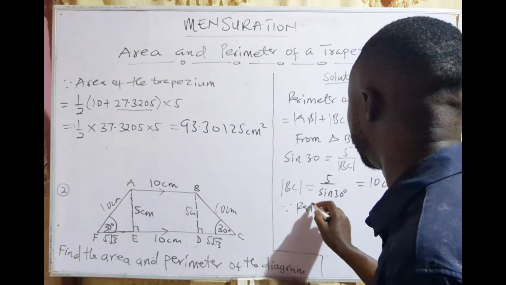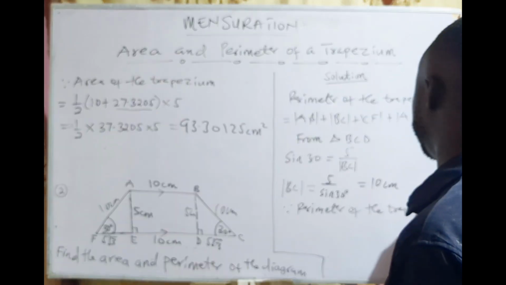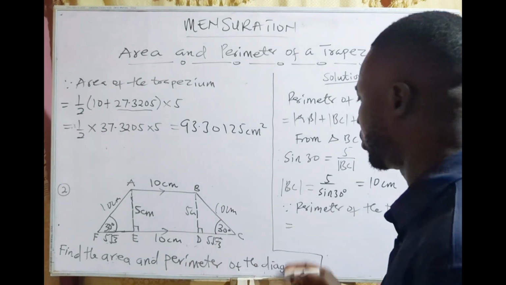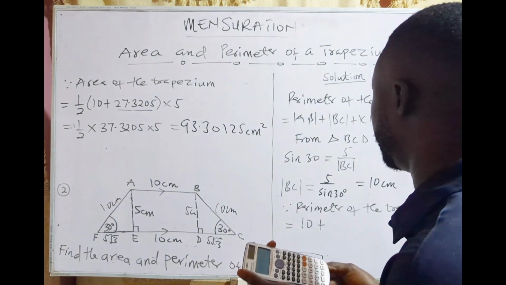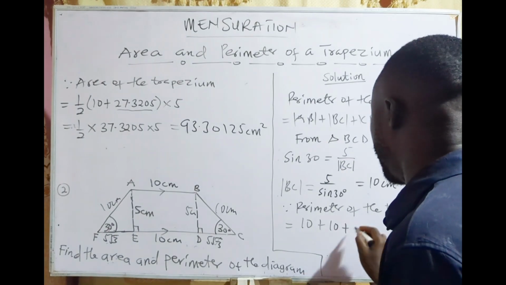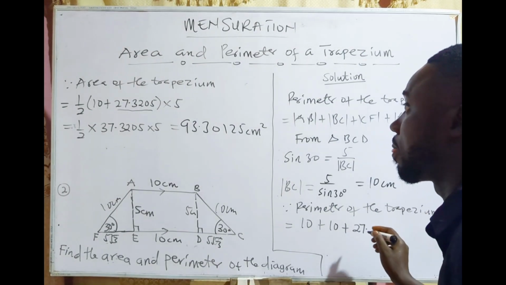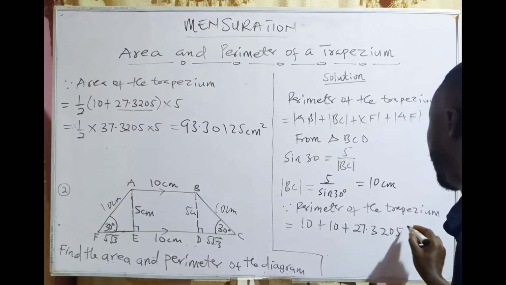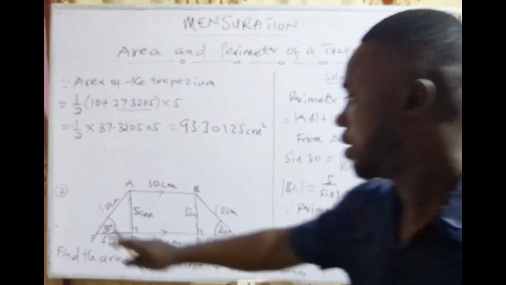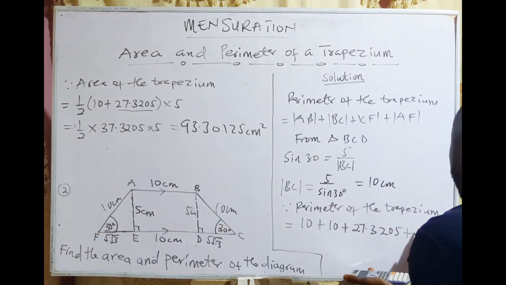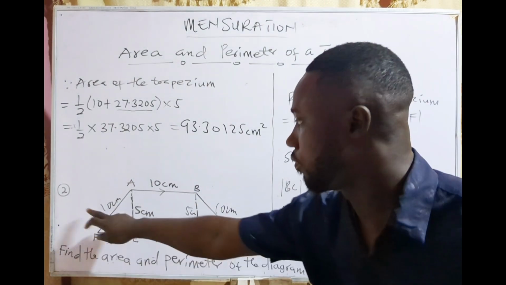Therefore, the perimeter of the trapezium will be equal to 10 here plus the 10 here, the BC, which is also 10, plus the CF, which is 27.3205. Remember, 5 root 3 plus 10 plus 5 root 3 gives us 27.3205.